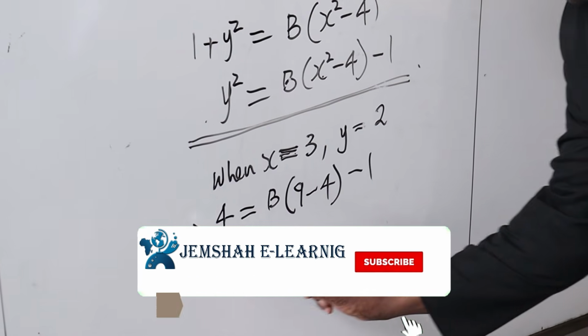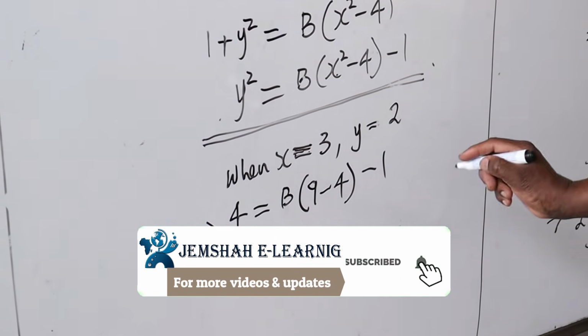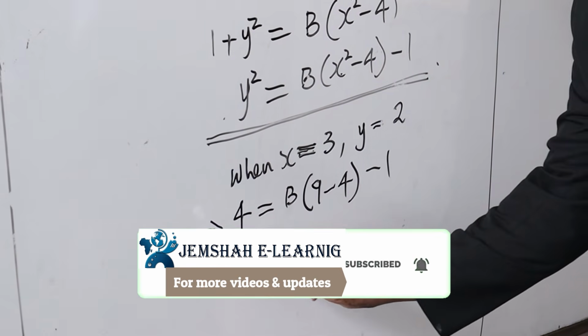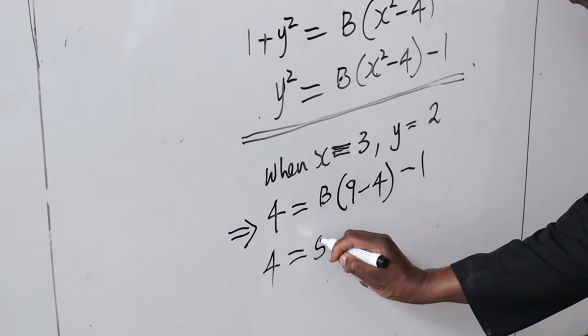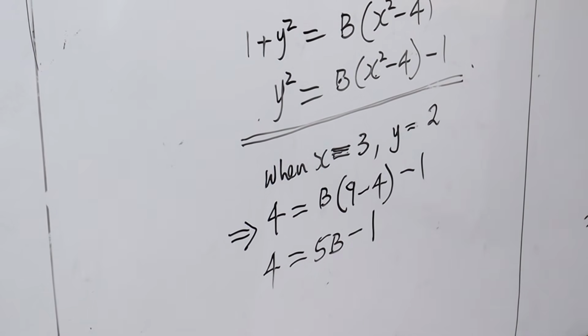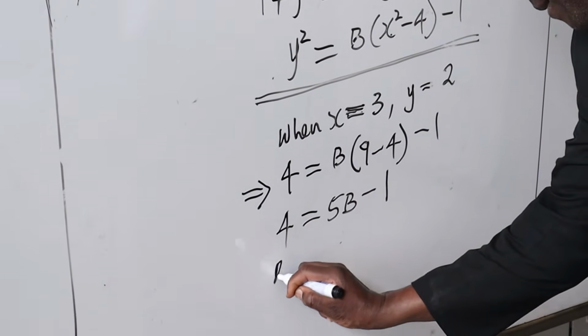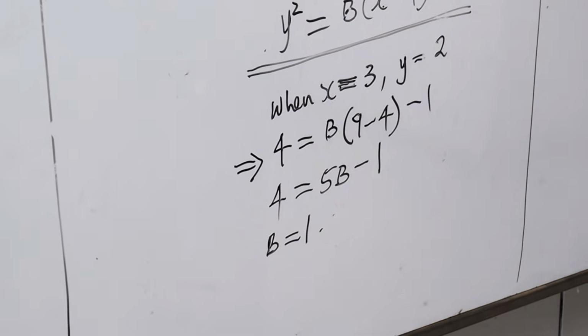So this implies 4 is equal to 5b minus 1. So b is equal to 1.